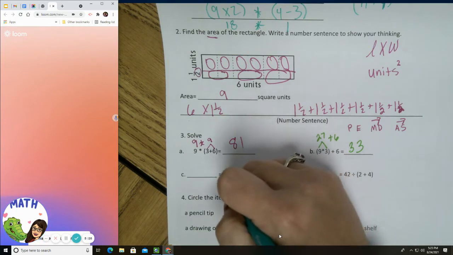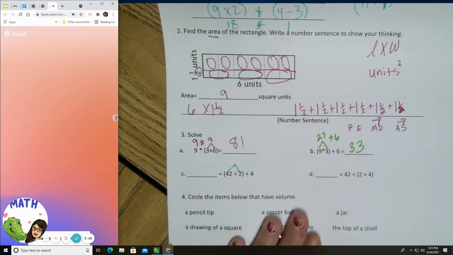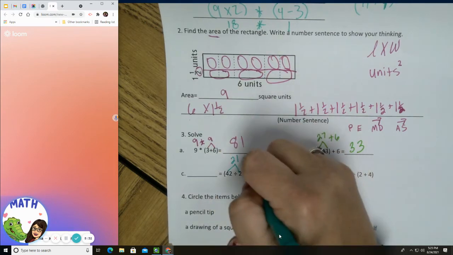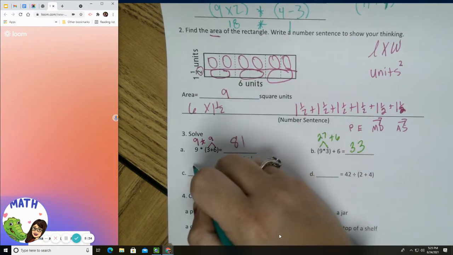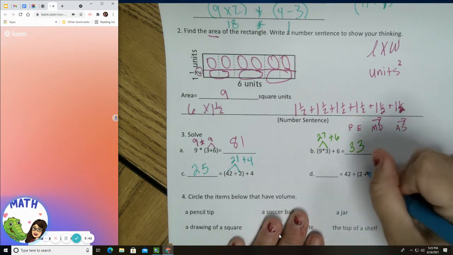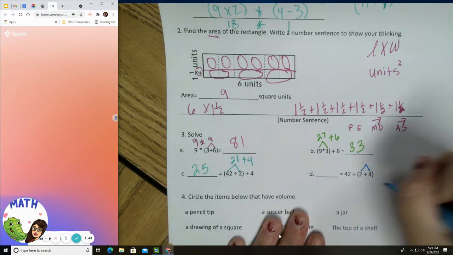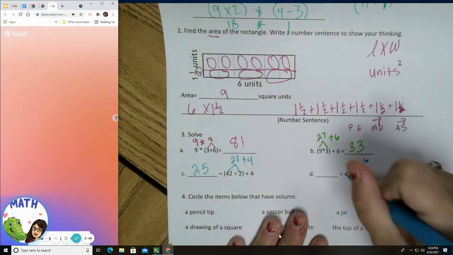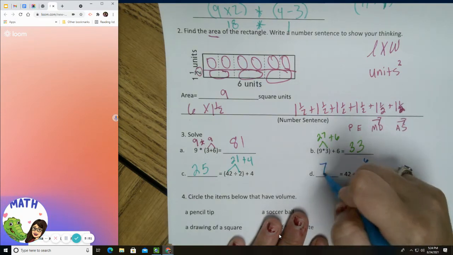I do that first because it is in parentheses. 42 divided by 2 is 21. 21 plus 4 is 25. And then finally, 2 plus 4, I do that first because it's in parentheses. That is 6. 42 divided by 6 is 7.